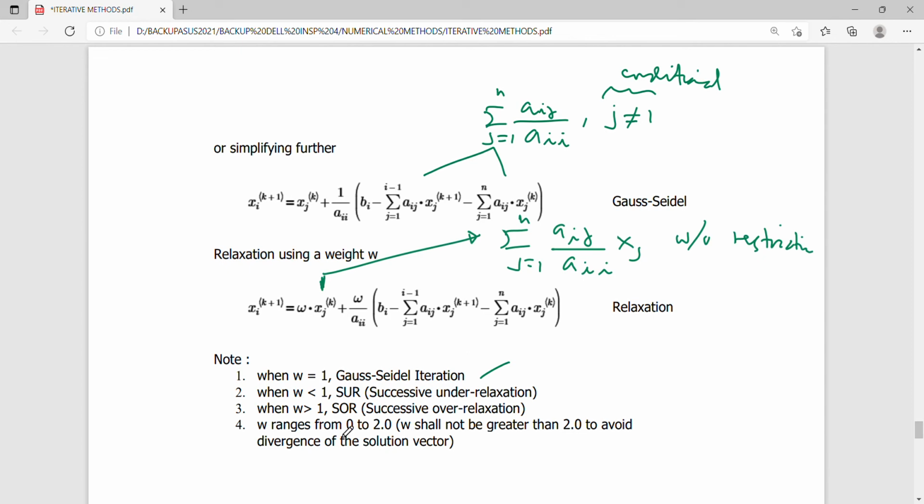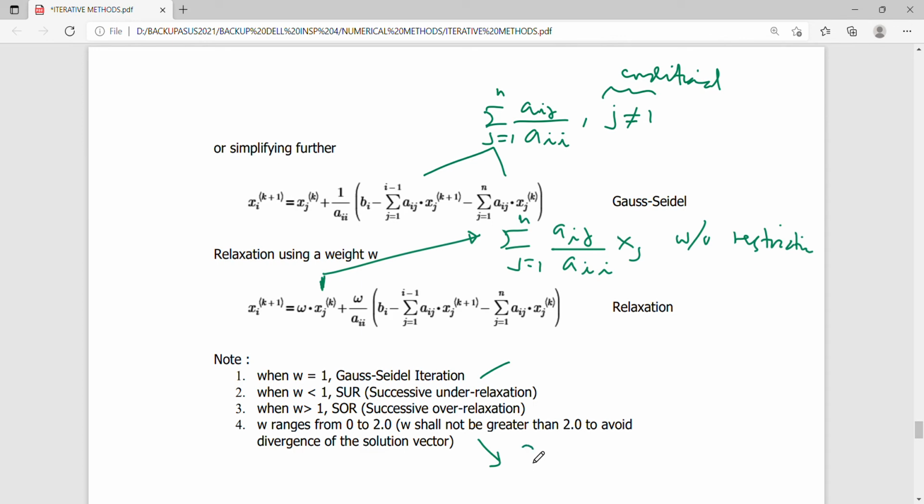And take note of the range in which your w is used, from 0 to 2 according to the book. So this is according to the lecture that we can use this range if we want to avoid divergence of the solution vector.